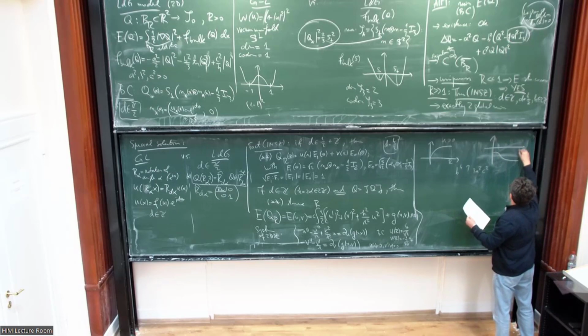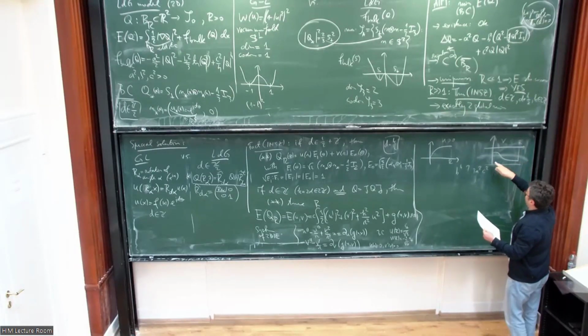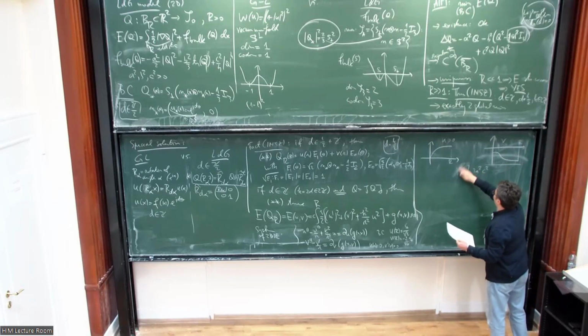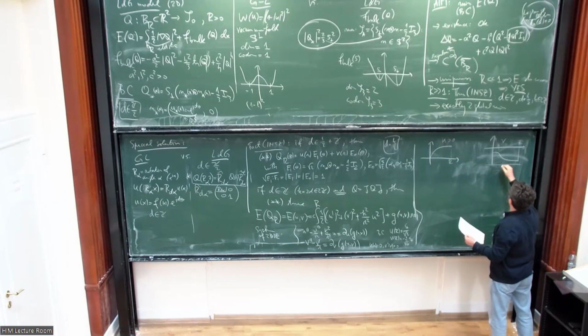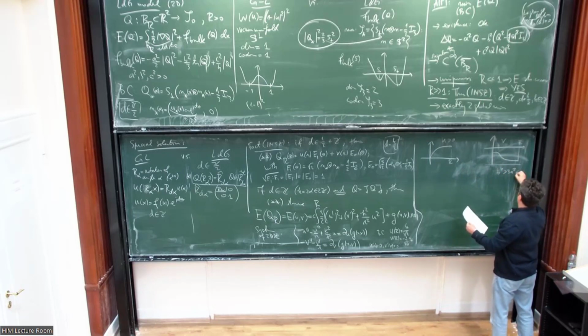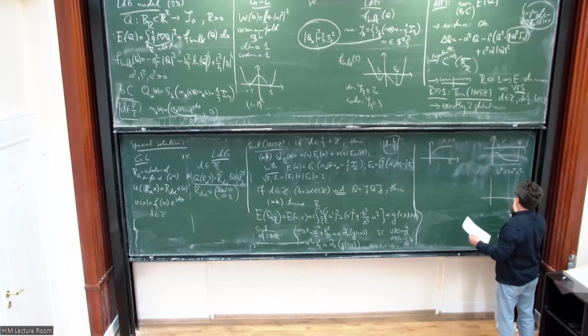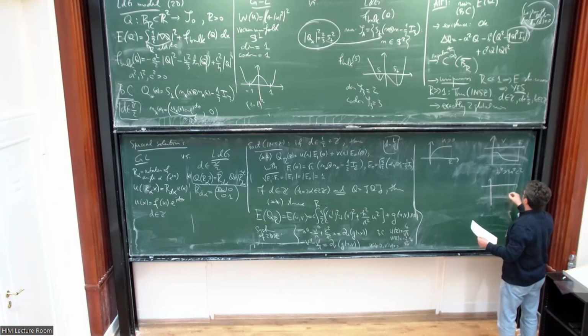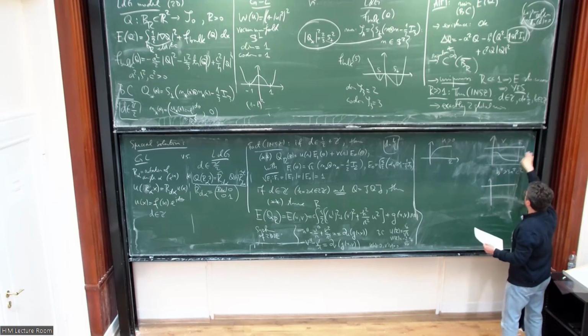So that's V. And in fact, this is just in the regime where b is larger than 3a squared, and in the other regime, it becomes increasing.